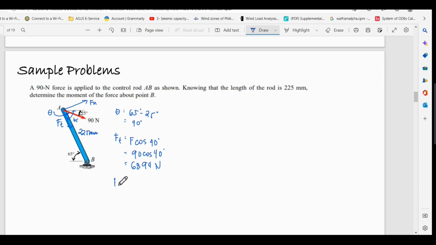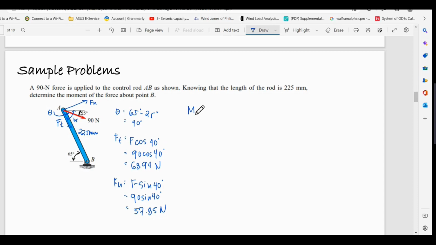Then for our Fn, we have F sine of 40 degrees. So we have 90 sine of 40. So we have 57.85. Okay, so meron tayong mga magnitudes ng ating mga components of 90 Newton.